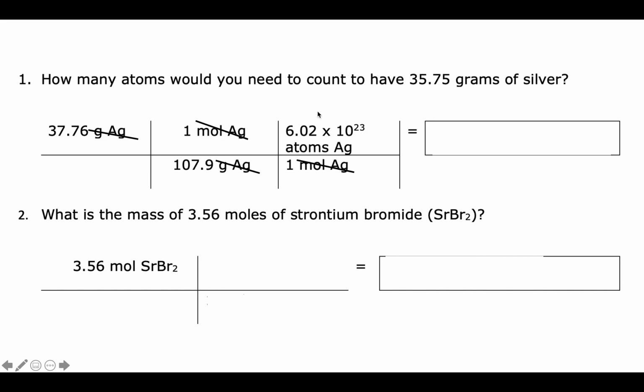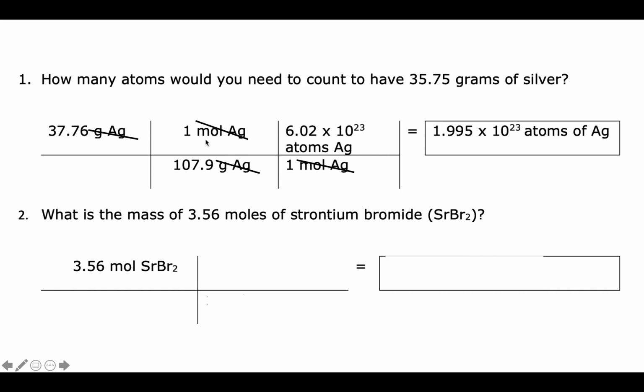I gave you a little guide on how to do that. Okay, and so multiply the top and divide it by the bottom, and you come out with 1.995 times 10 to the 23rd atoms of silver. So it's kind of not a real practical problem, but it's exercising you knowing how to use dimensional analysis and answer an interesting question. Okay.